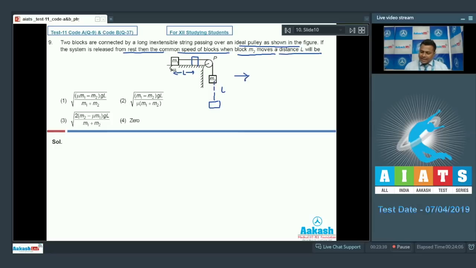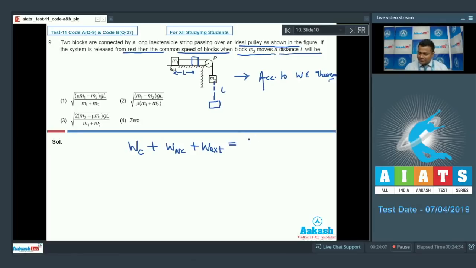Now let's apply the concept of the work energy theorem. According to the work energy theorem, we have work done by conservative forces on the system plus work done by non-conservative forces on the system plus work done by any external force acting on the system will be just the change in its kinetic energy.